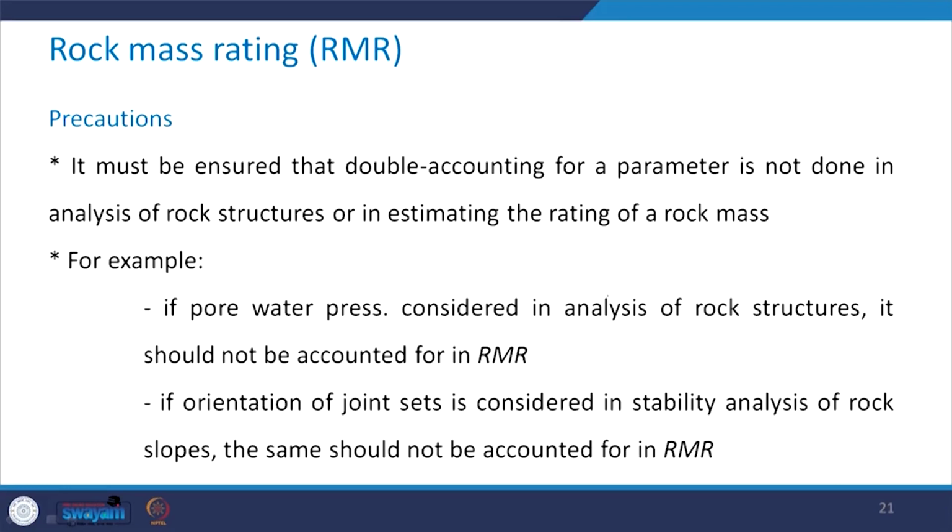Some of the precautions that we should keep in mind when we use this classification system, that is rock mass rating: we must ensure that double accounting for any parameter is not done in the analysis of rock structure or in the estimation of the rating of the rock mass. For example, if you have considered the pore water pressure in the analysis of rock structure, then this should not be accounted for in RMR.